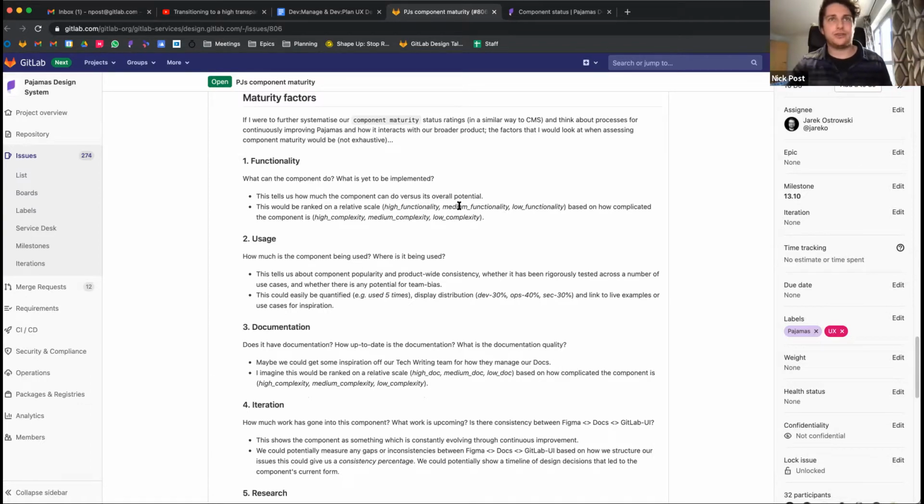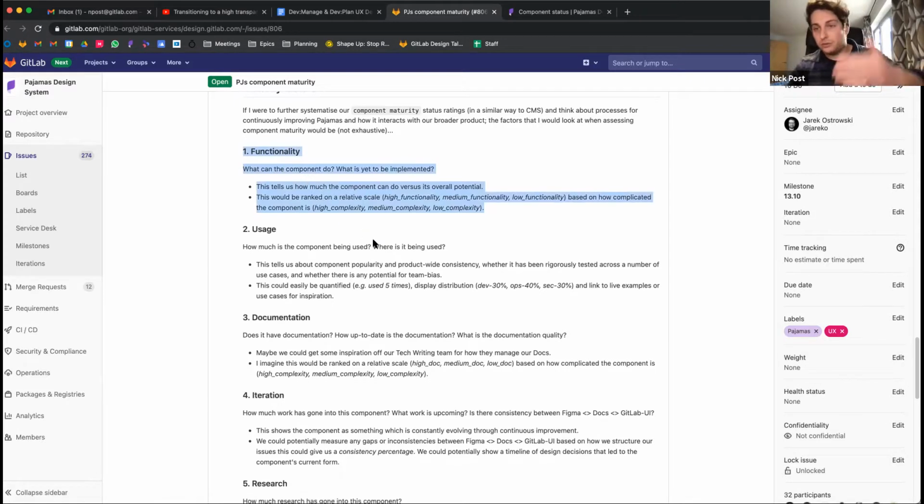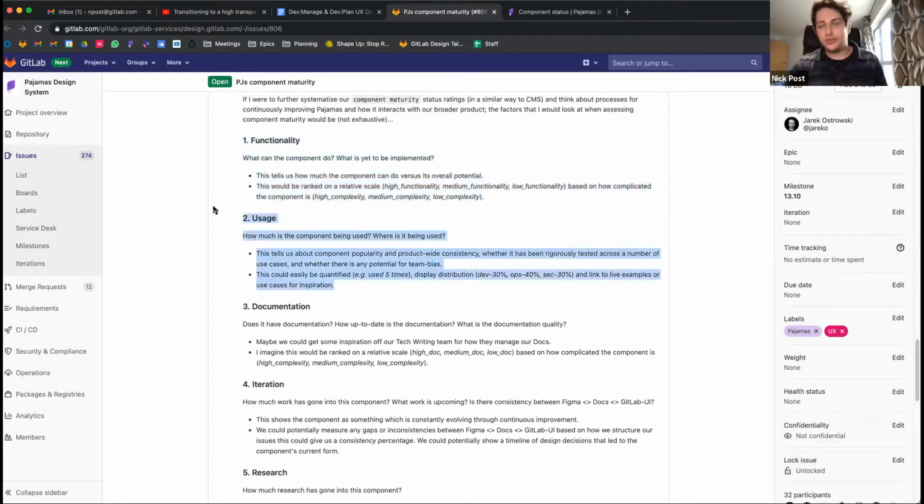Firstly, I said functionality is one. Basically, what can the component do, based on the potential for what it could do? An example of this would be a table. What does the table have at the moment? Can you sort it? Do we plan to have it sorted? All that sort of stuff. Usage: how much is this component being used, and where?